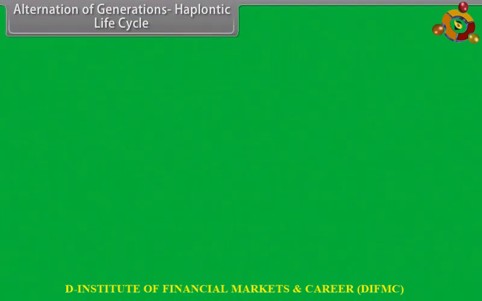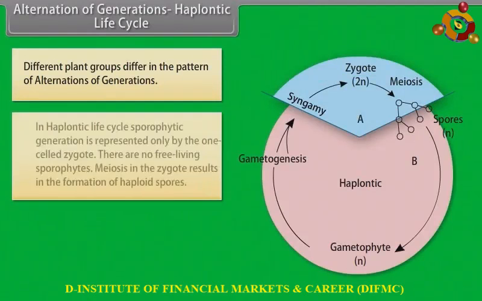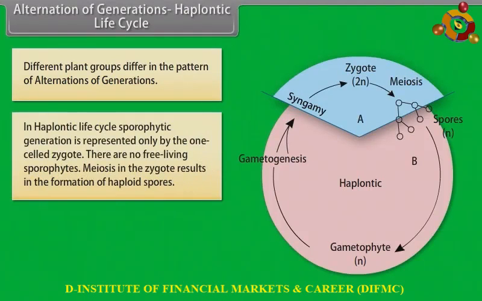Alternation of generations. Haplontic life cycle. Different plant groups differ in pattern of alternations of generations. In haplontic life cycle, a sporophytic generation is represented only by the one-celled zygote. There are no free-living sporophytes. Meiosis in zygote results in the formation of haploid spores.